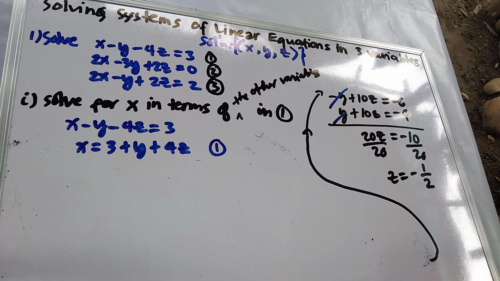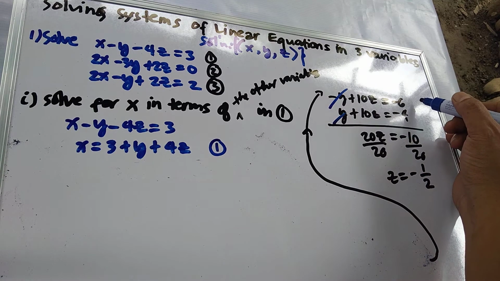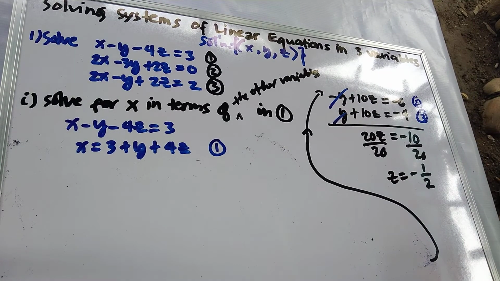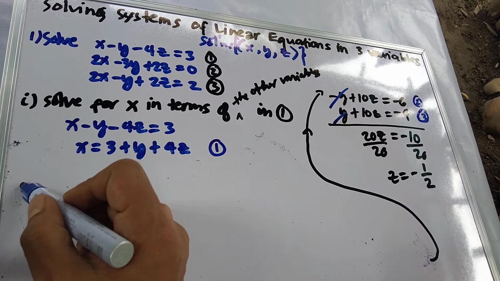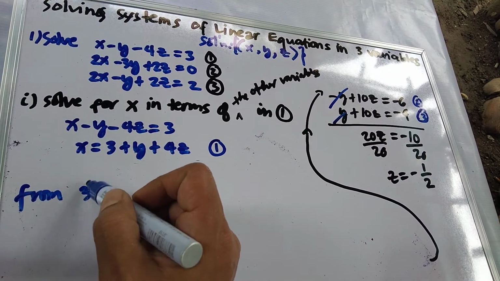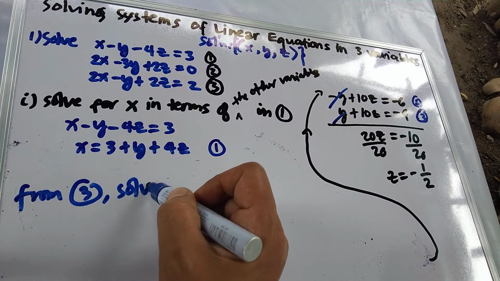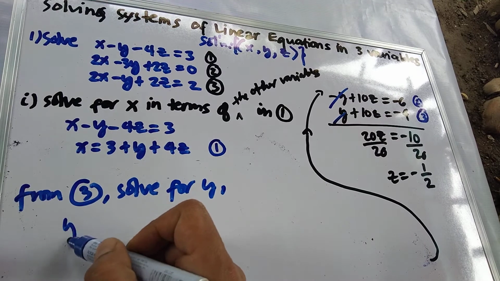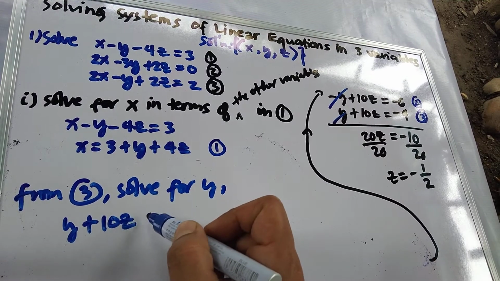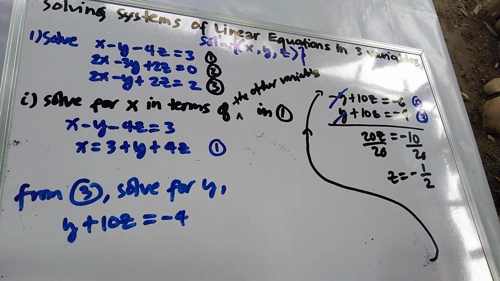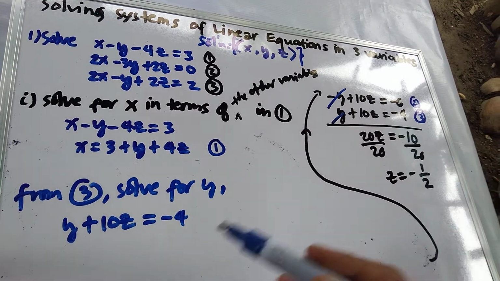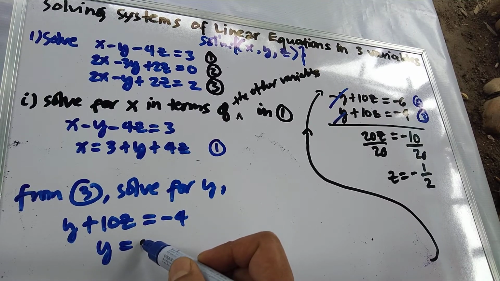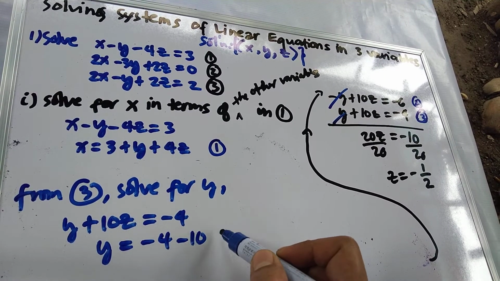This is your 2. This is your 3. From equation 3, we can solve for y. So you have y plus 10z is equal to negative 4. Now, we need to solve y in terms of z. So y is equal to negative 4 minus 10z.